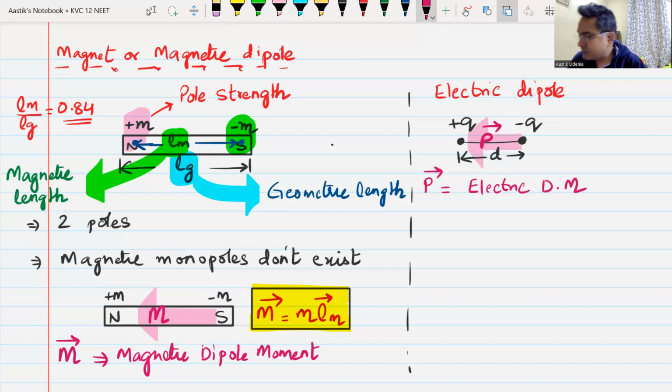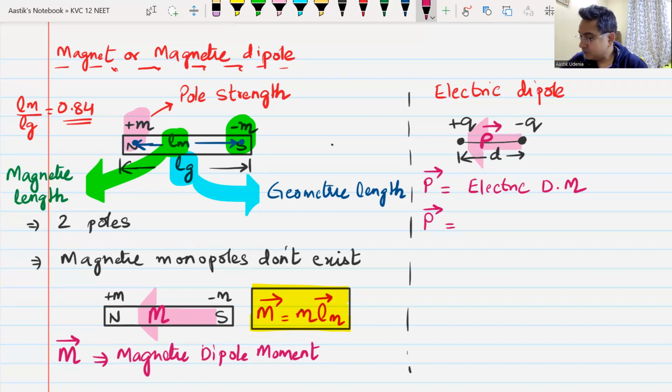This magnetic dipole moment is given by m into the magnetic length. Can anyone tell me the formula for electric dipole moment? This is also a vector quantity from negative charge toward positive charge. What is the value of this electric dipole moment vectorly?